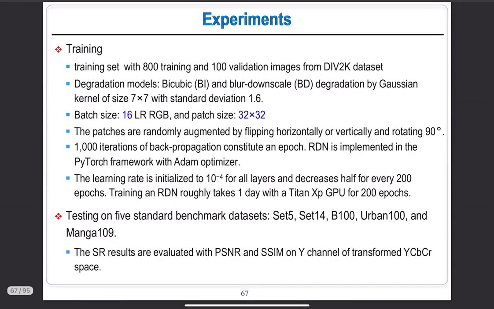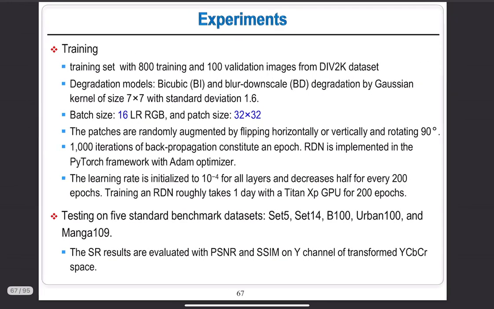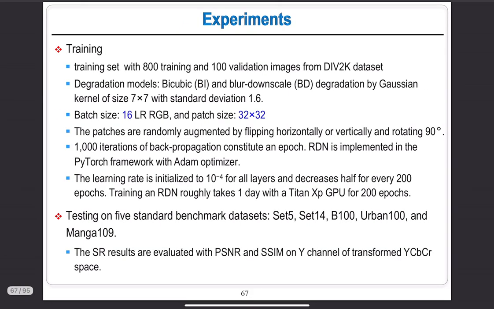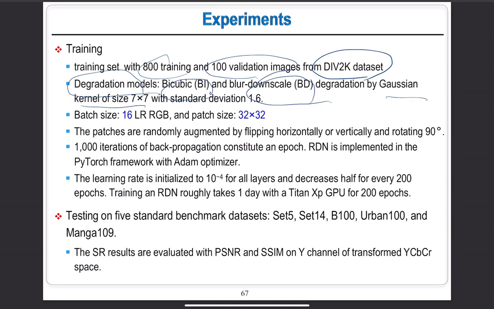So that's it. To summarize, we can explain some training details. We utilize the DIV2K dataset with 800 training and 100 validation images. And the degradation model includes bicubic interpolation and blur downsampling using a Gaussian kernel of size 7x7.